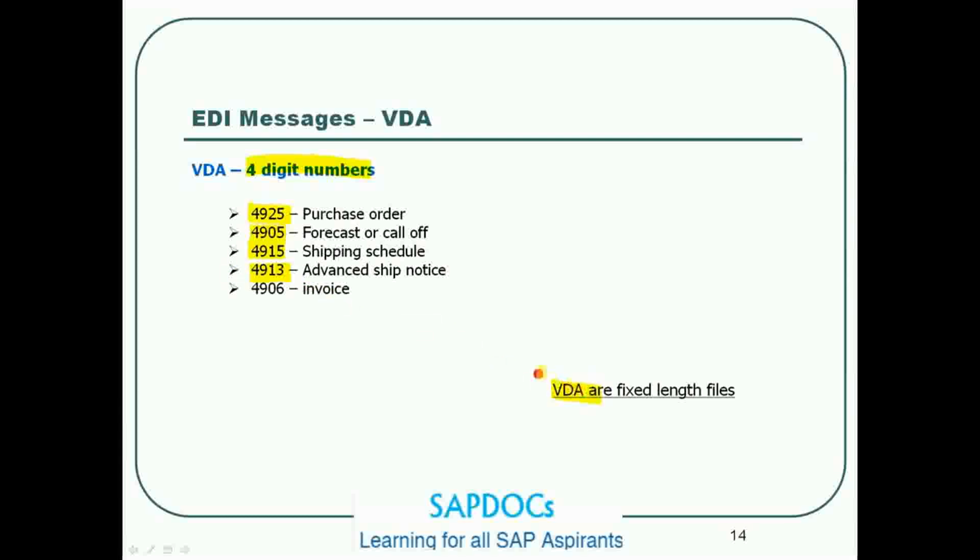One major difference is that VDA uses fixed length files, unlike X12 and EDIFACT, where we saw that segment lengths are variable. We will not talk much about VDA because when you go to work, you will come across this, and as long as you have a good understanding of X12 and EDIFACT, you should be able to figure out what VDA is all about.